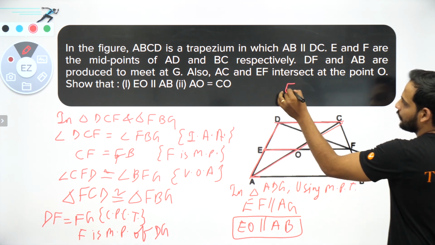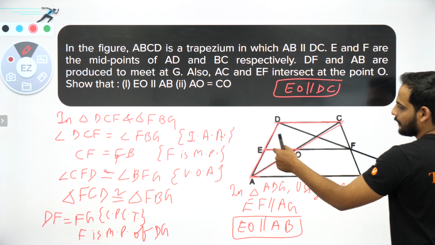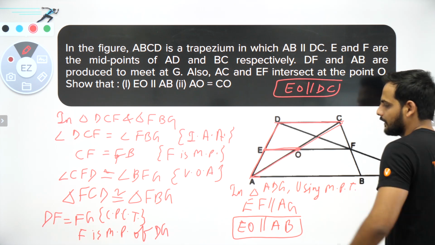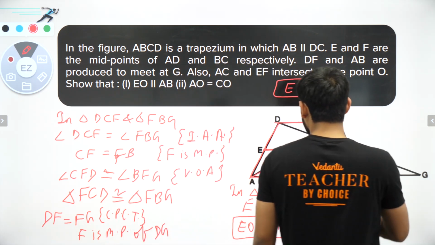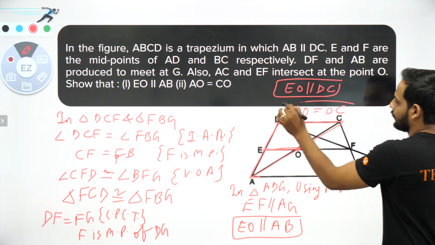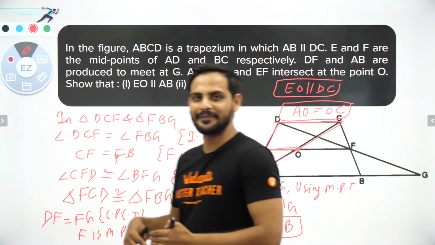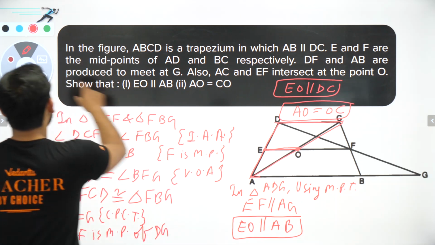That means EO is parallel to DC as well. So if EO is parallel to DC, this O will intersect the third side at the midpoint. So this O is the midpoint of AC. That means from here, using converse, you can say AO is equal to OC. Okay, so 3 steps here to move ahead, and then you will be getting your answer. Okay, chalo. So let's move ahead to the next part.